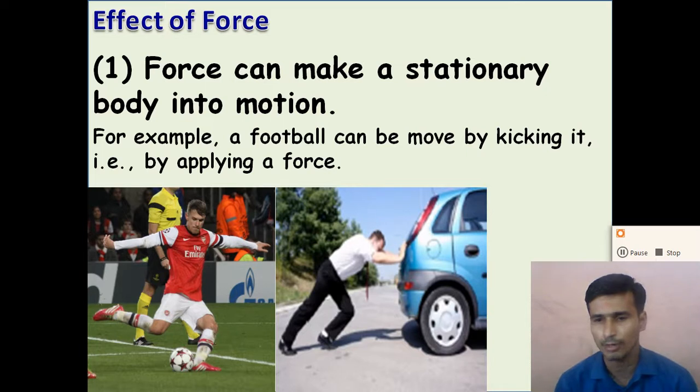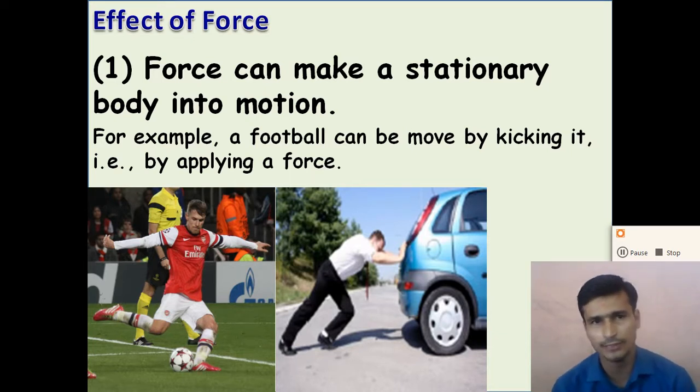So when the body is at rest or stationary, when we apply a force on the object, the body is in motion, right? So due to the force, the body goes from stationary into motion, right?